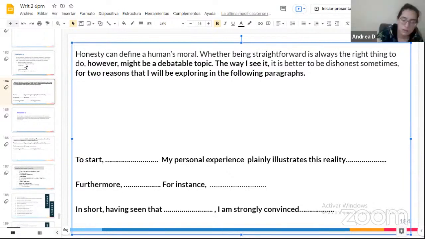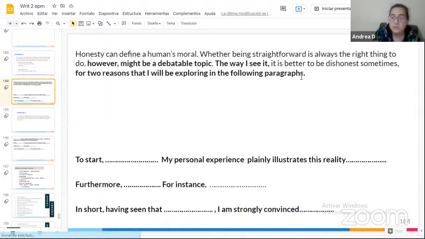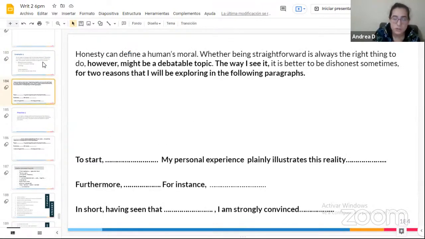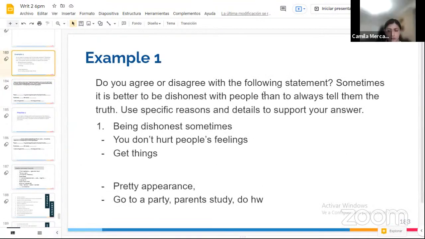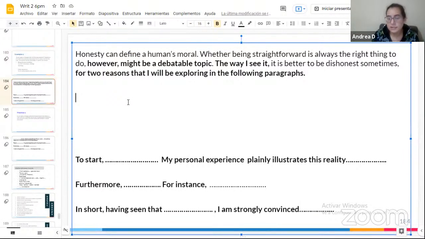I mean, if you want to say the exact same thing in the exact same words, and if it's a yes, no question, so that's why it's important to check that part. So if it's a yes, no question, like, is it better to be dishonest sometimes than to always tell the truth? Paraphrasing it, we just, instead of is it, since it's a yes, no question, you would have to use the word whether, right?